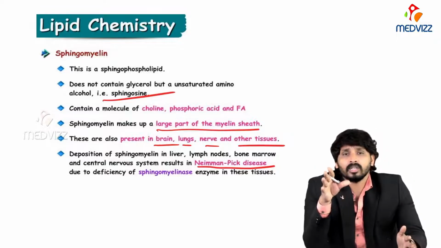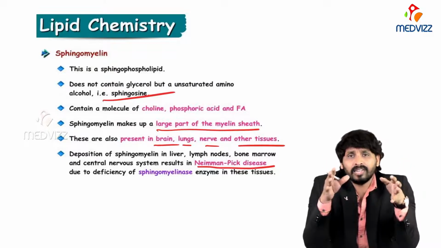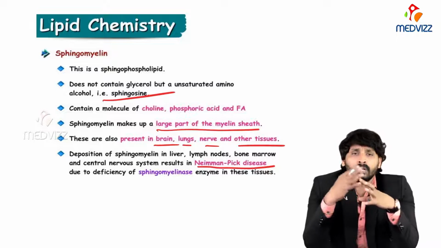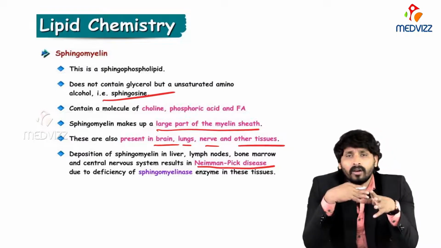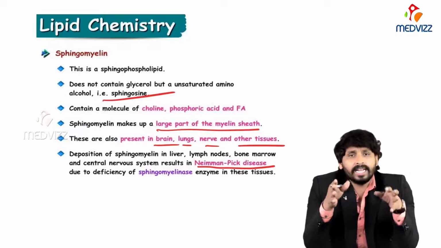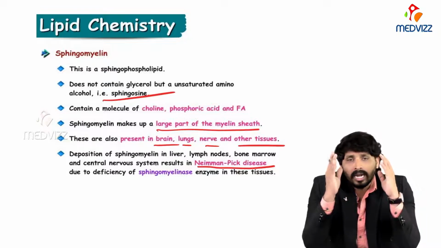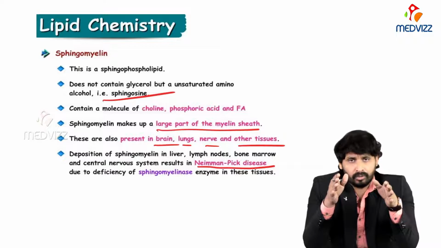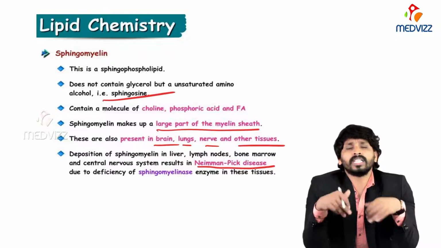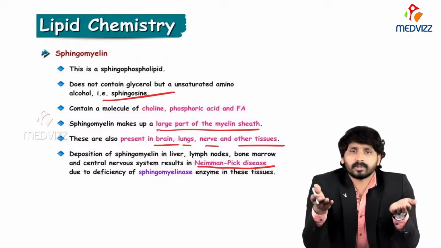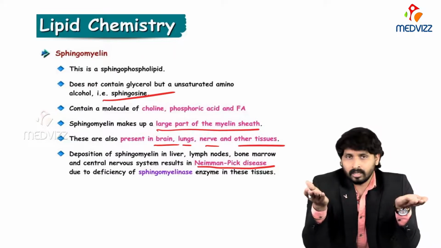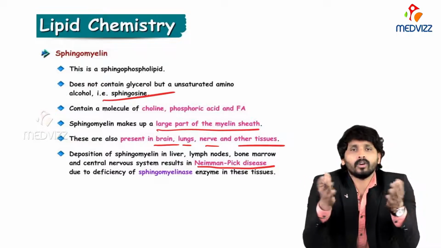Why? Because sphingomyelins are located in the myelin sheath, and after completing their lifespan during normal turnover, they should be degraded. These sphingomyelins are degraded by the enzyme sphingomyelinase in these tissues. If genetically there is an error in sphingomyelinase, the sphingomyelins in the concerned tissues cannot be degraded.